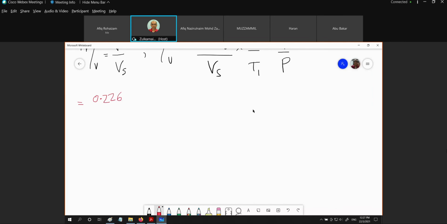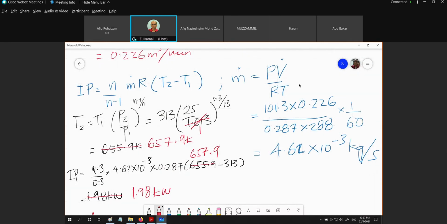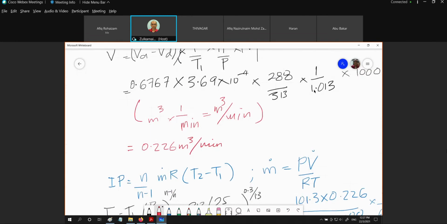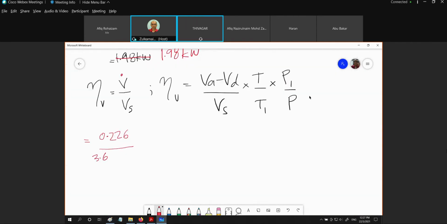Kalau kita gunakan 0.226 meter cube per minit, maknanya kita gunakan V dot lah, betul tak? And then kita dividekan dengan kita punya VS. VS kita tadi kita dah calculate, 3.69 times 10 to the power of minus 4.